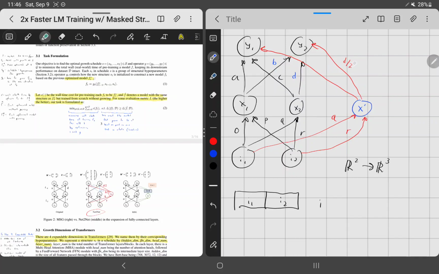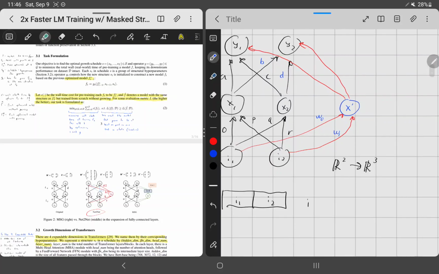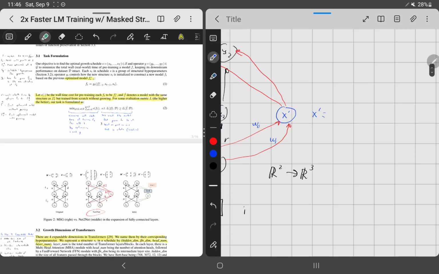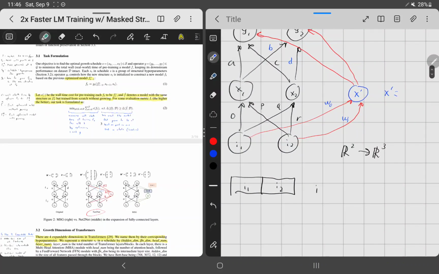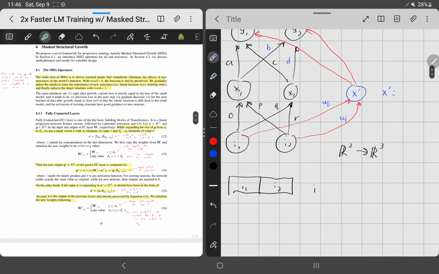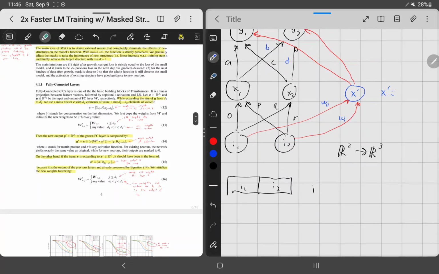So this would be, say, we'll call this W0 and W1, and x prime is going to be equal to, let me go back down here to see exactly how they formalize it.